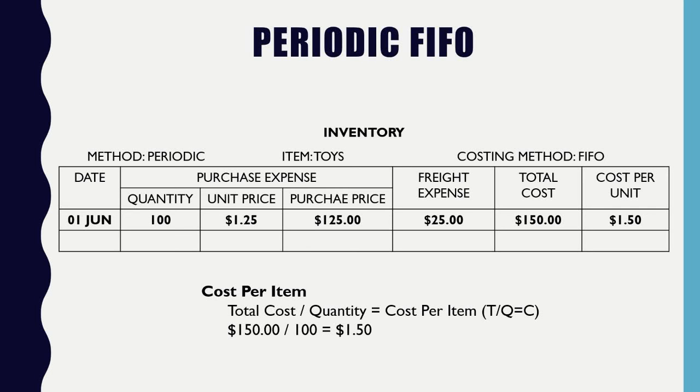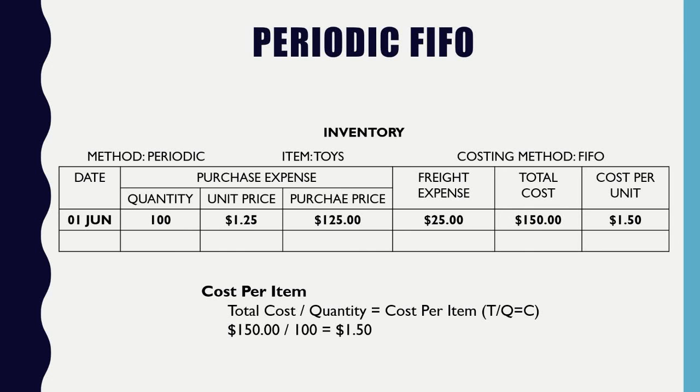In this case, if I were to sell my items, it costs me $1.50 to sell each item. That's what this means. Right here we have a batch, so if I were to get rid of my first batch, it's going to cost me $1.50 per item I sell.